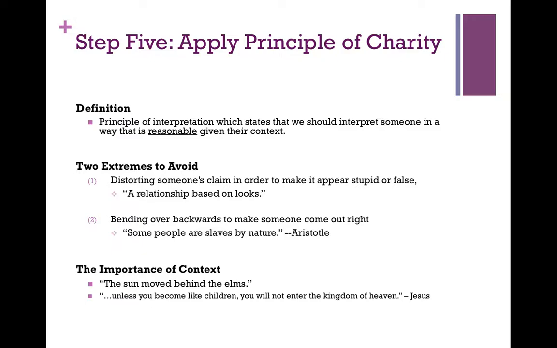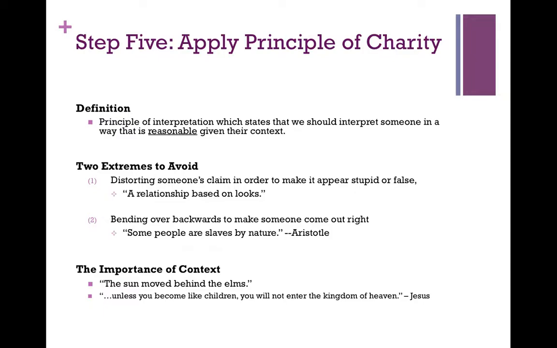So as I said, we talk about the principle of charity, and this is something we apply all along. The truth is, we were talking about this when we were talking about implicit conclusions and implicit premises. As you may recall, when we identify an implicit premise, we don't want to overcommit someone. What that means is we want to be charitable to what the person has said. Remember, when we identify an implicit premise, we are by definition putting words into the person's mouth.